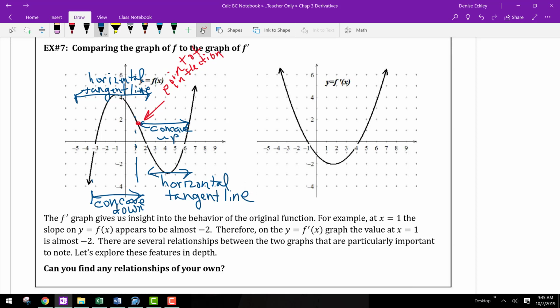And then we can see these points on the other graph, on our f prime graph. So what we'll notice is where our first 0 is here corresponds to the x of our first horizontal tangent line. So where this point is right there corresponds to our first 0 here.